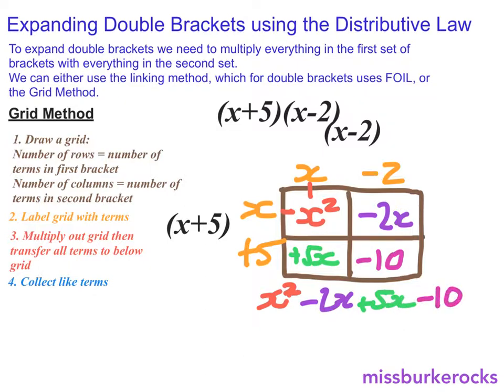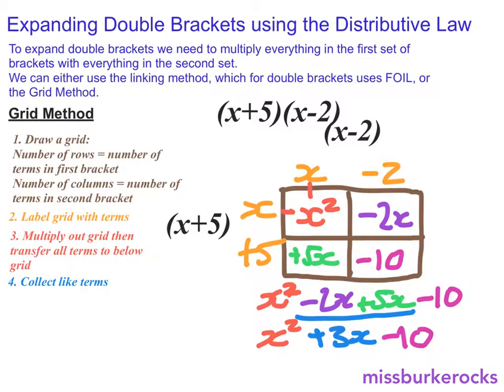Okay, I look for my like terms. I've got negative 2x and I've got plus 5x. So negative 2 plus 5 gives me positive 3x. Again, everything's dropping down. I've got x squared plus 3x, take 10.